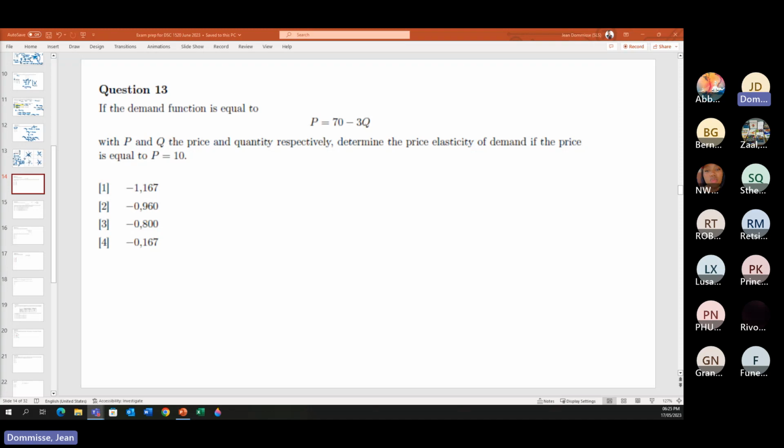Might even be some of your previous assignments as well. What also can happen is that they just change some of the numbers in some of the questions. So that can also happen.